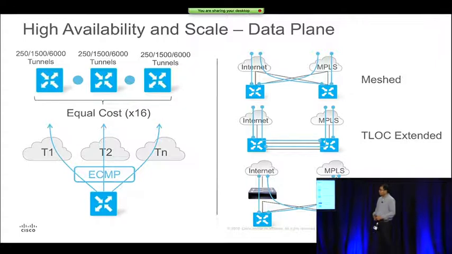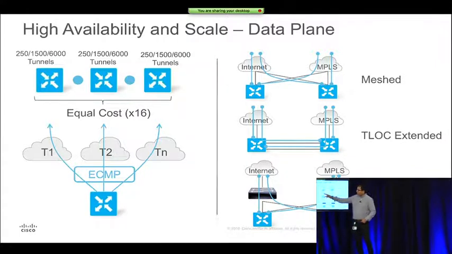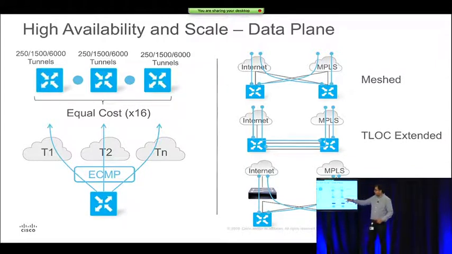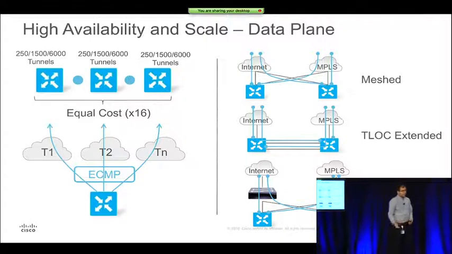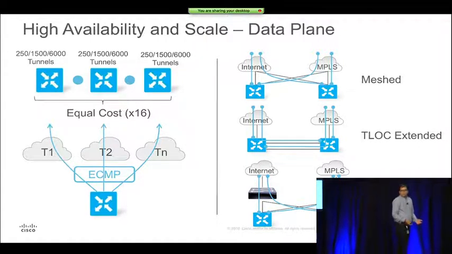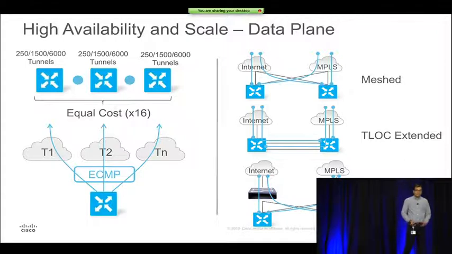Even though you are terminating only one, through the interlink it can leverage and monitor the MPLS circuit as well, and always pick the best circuit. So you're providing redundancy through this T-lock extended link, and also active-active behavior across all the transports without the customer needing an extra circuit.